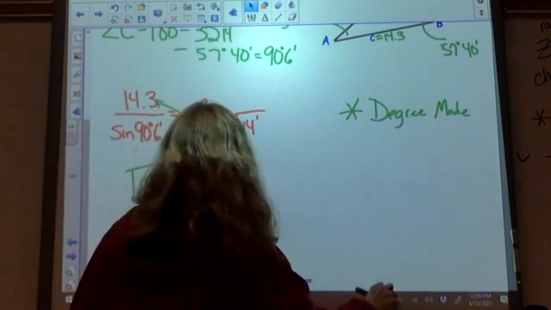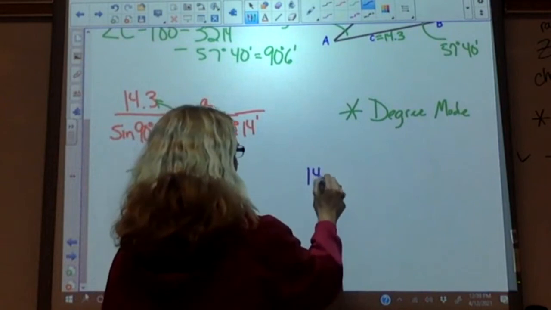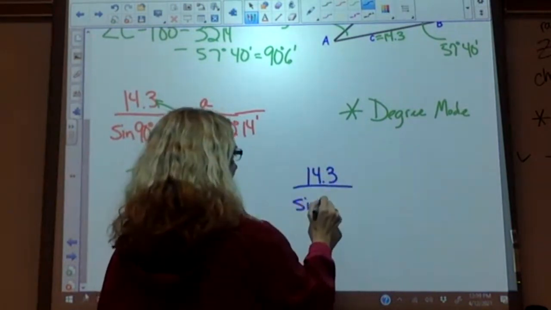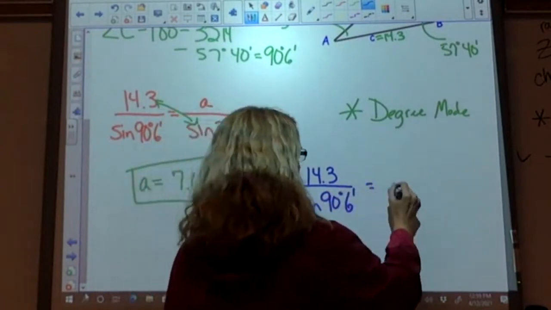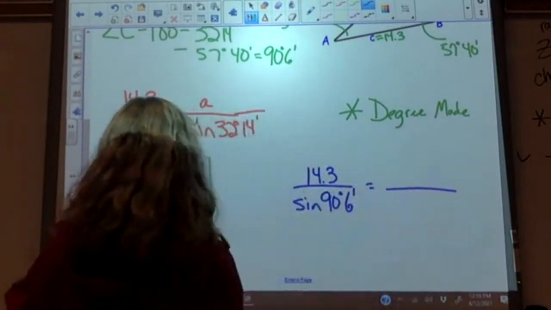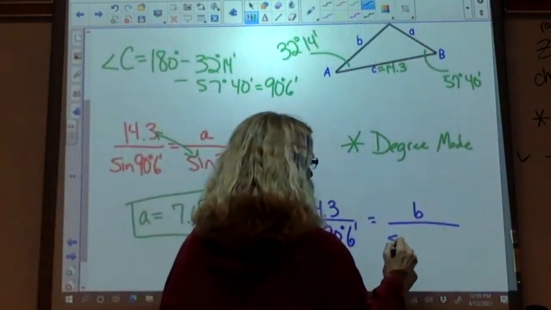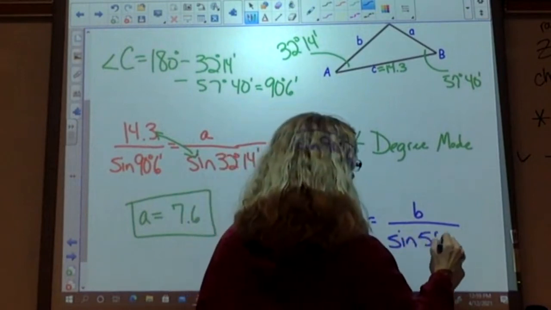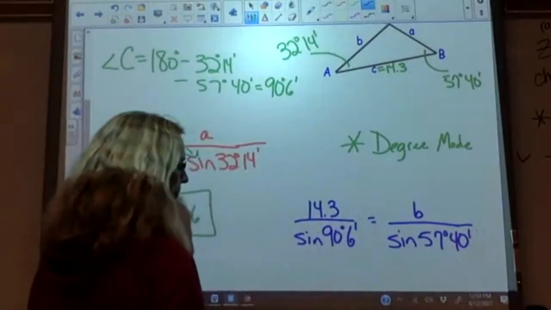So I'm going to use the same proportion: 14.3 for side c over sine of 90 degrees, 6 minutes, equals, since I'm looking for side b, little b over sine of 57 degrees, 40 minutes.